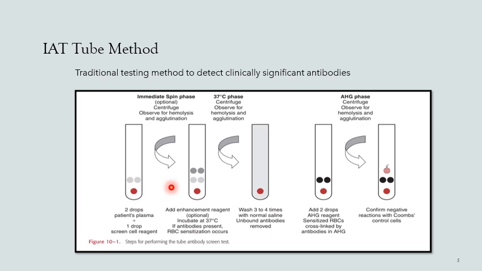In thermo phase, if present, IgG antibodies will sensitize any reagent RBCs that possess the target antigen. After incubation, centrifuge the test tube, and then after centrifugation, observe for hemolysis and agglutination.